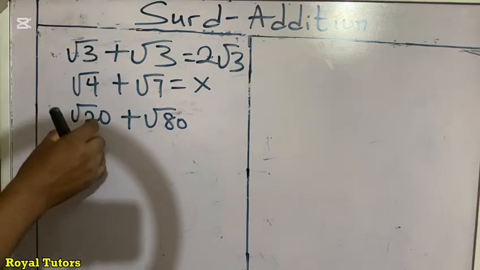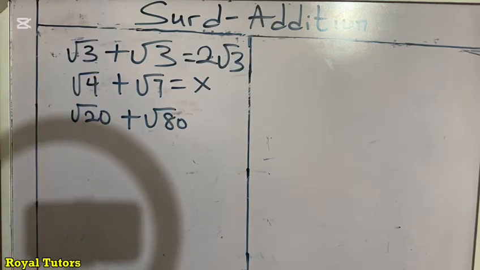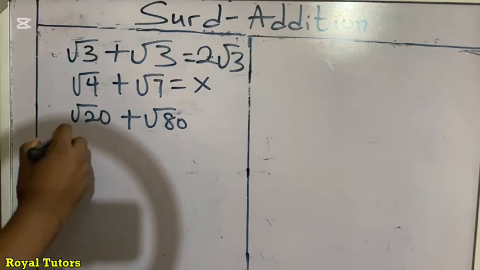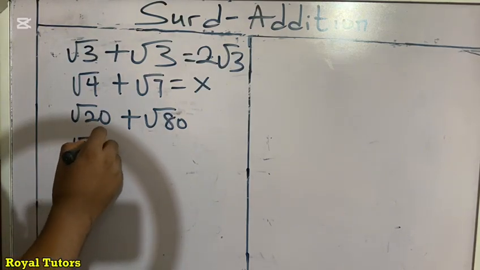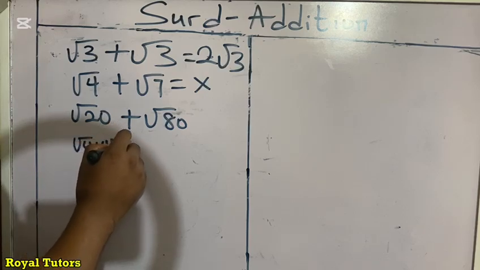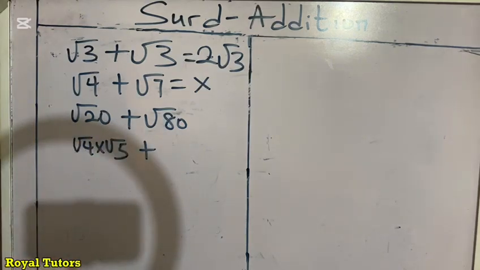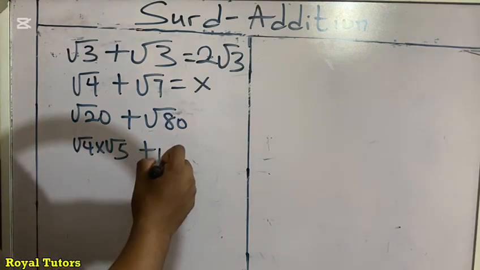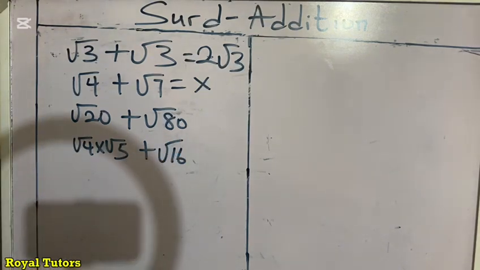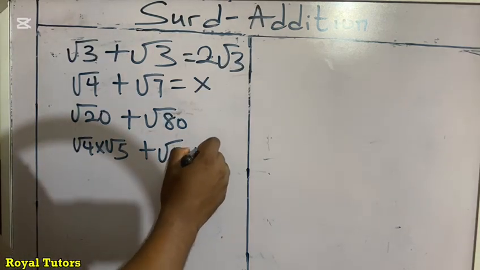You look for the largest squared number that is divisible by 20. That will give you root 4 multiplied by root 5. Plus, the same way you do for root 80, the highest squared number that is divisible by 80 is going to be root 16. Then you look at the number you're going to multiply by 16 to give you 80. You just do 80 divided by 16, and that will give you root 5.